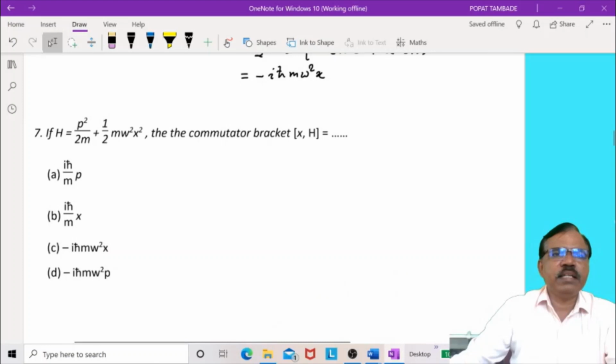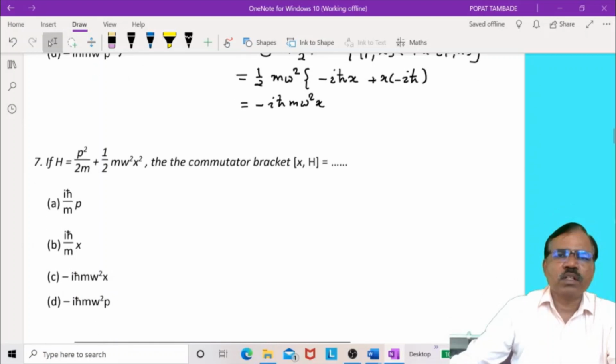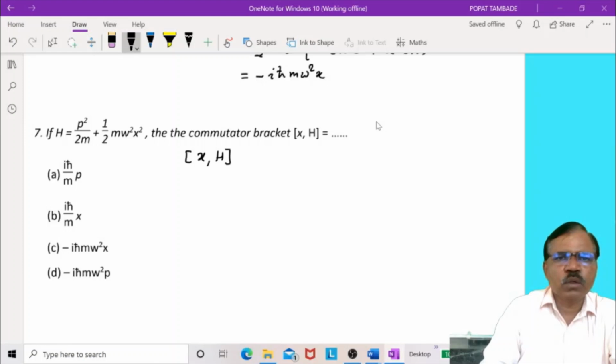Same H, if H is equal to p squared upon 2m plus 1/2 m omega squared x squared, the commutator bracket [x, H] will be what? Same way we will solve. So here we have the commutator [x, H] equal to the commutator of x, p squared upon 2m plus 1/2 m omega squared x squared.